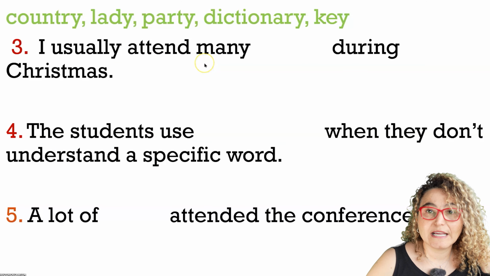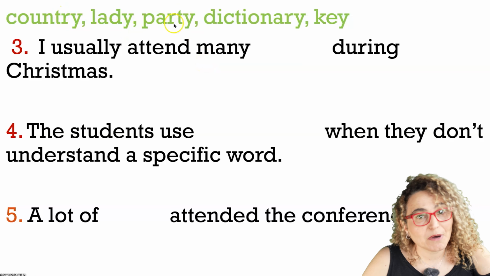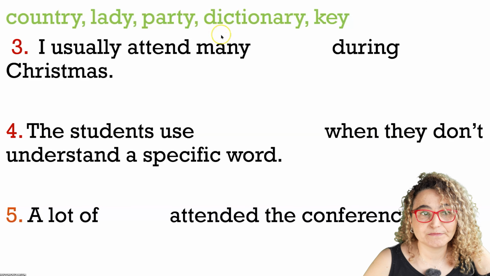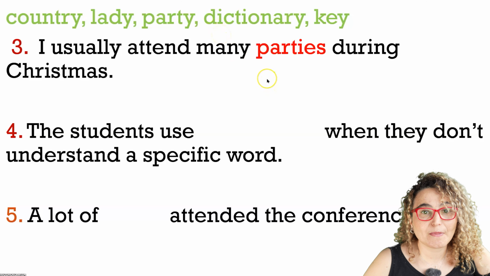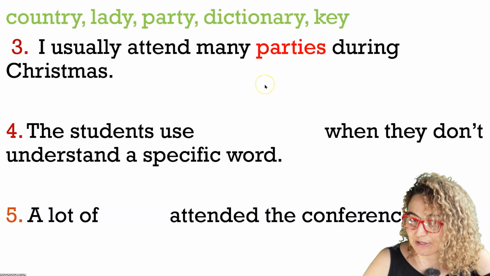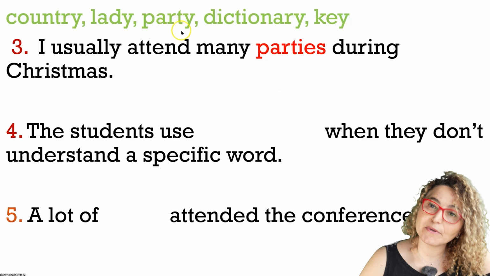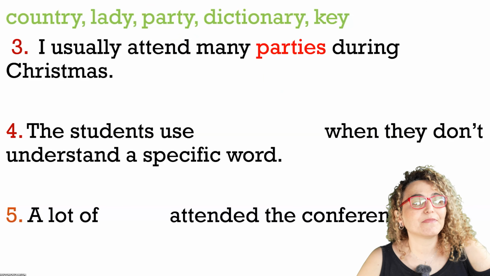I usually attend many during Christmas. Many countries, ladies, parties, dictionary, or keys. I hope you get it right. Parties, correct. So I usually attend many parties during Christmas. So Y becomes IES. Okay.